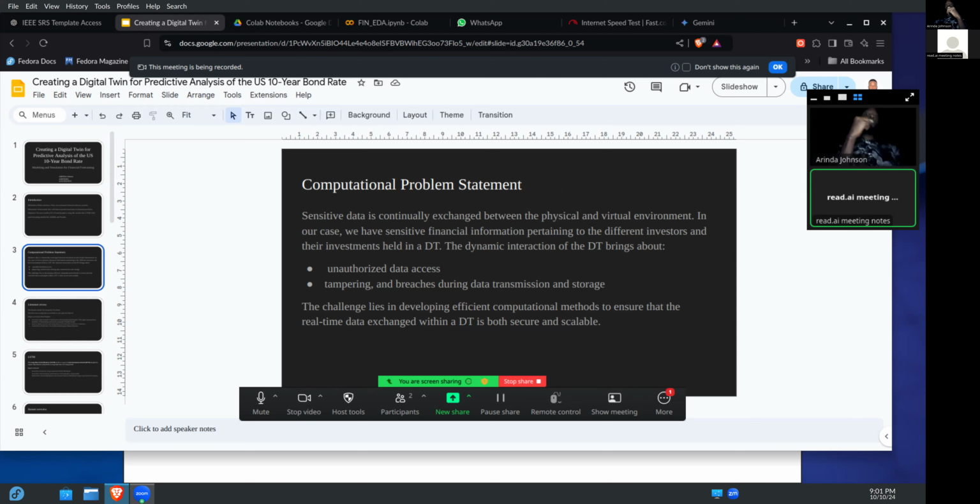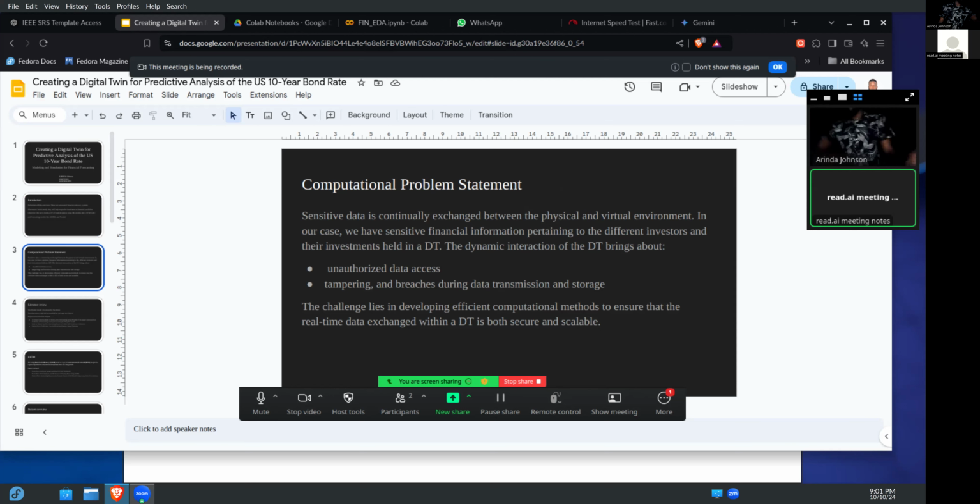In the literature review I've done, we've found that digital twins have always been lagging behind with regard to security, the way the data is stored in a digital twin. Digital twins encompass vast amounts of data. If you are developing a digital twin of a financial instrument like a bond rate, you need to include a lot of data, some of which may be a little bit personal.